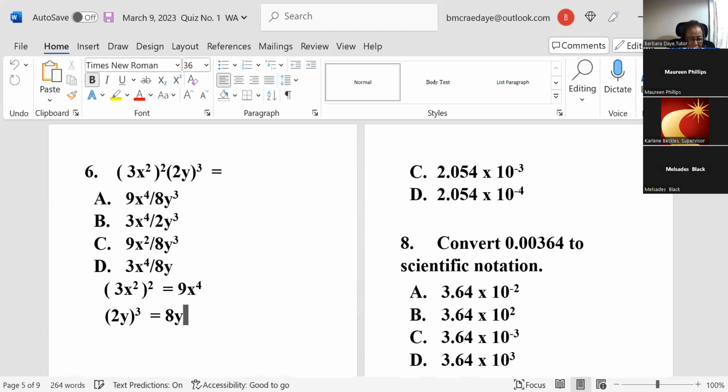That's it. So when you put all those together, what do you get? I would get 9x to the fourth power, slash 8y to the third power. So my answer should be A.